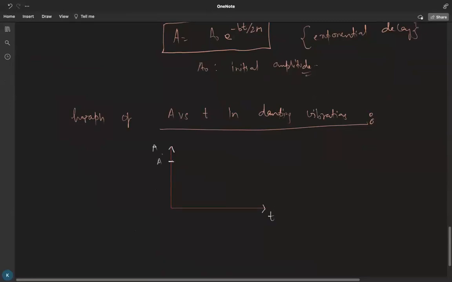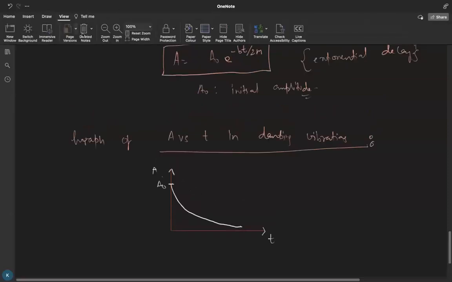So this is our amplitude at time t equal to 0, right? And it decays, so it's something like this. This is the graph between A versus t.